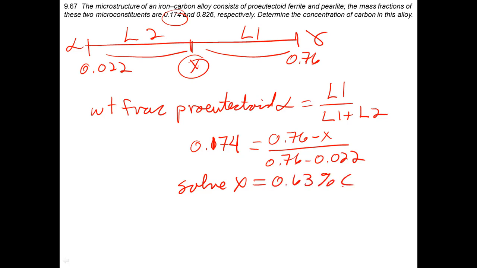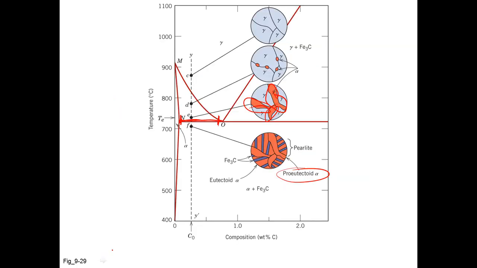And in doing so, I find that the system carbon concentration is 0.63% carbon, which is less than that eutectoid carbon concentration, and confirming that we've indeed done the calculation correctly. Here we're somewhere about 0.63% carbon.